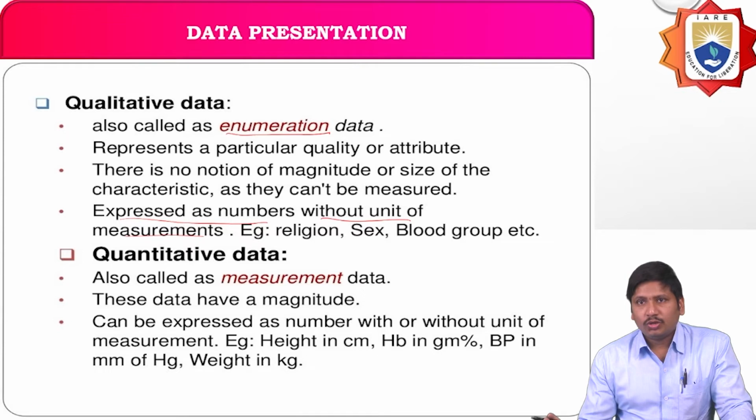There is no notion of magnitude or size of characteristic here, as it is not measured, and it can only be expressed in the form of numbers without units of measurement. Examples are religion, sex, blood group, etc.